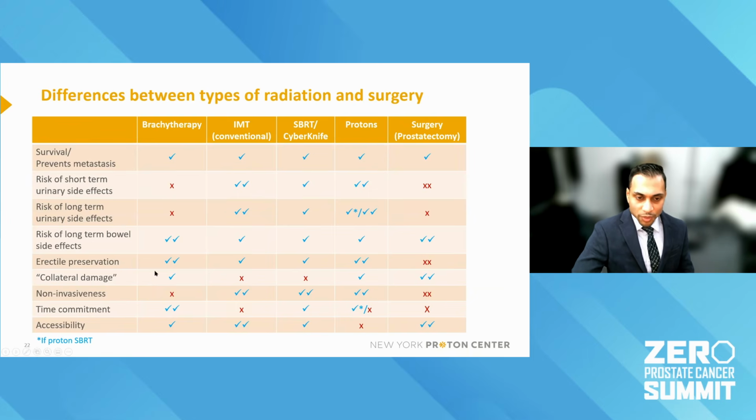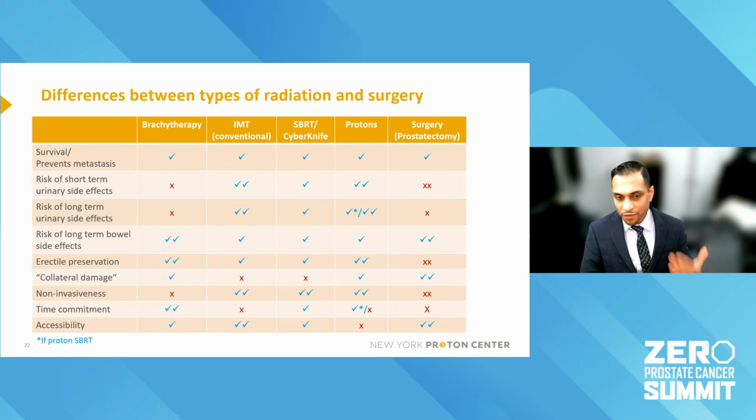My personal opinion is that in most cases, I preserve brachytherapy for those patients that have really advanced disease, a high Gleason score, like a Gleason 9, something that I think really needs that extra radiation dose that you can't quite get with external beam radiation. In those cases, because it's such aggressive disease, I think it's worth the risk of additional long-term urinary toxicity with that additional dose to the urethra.